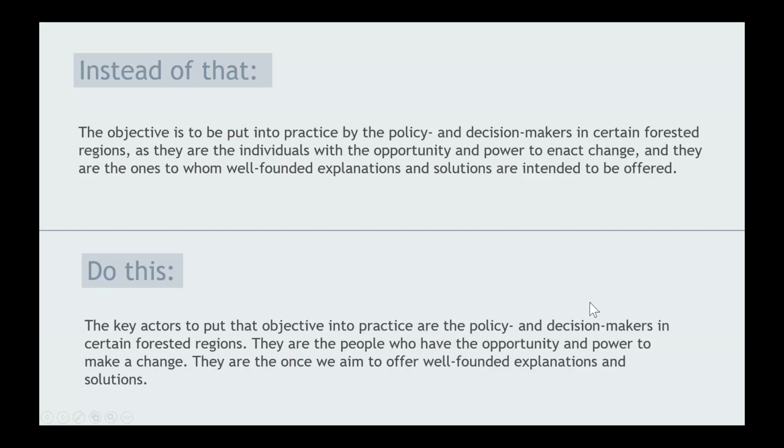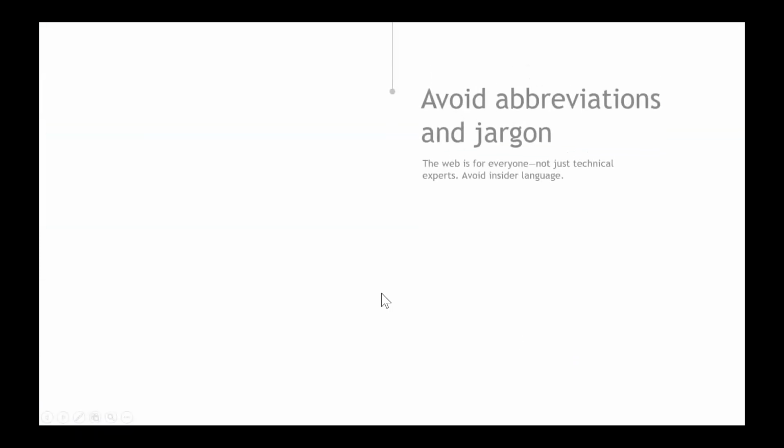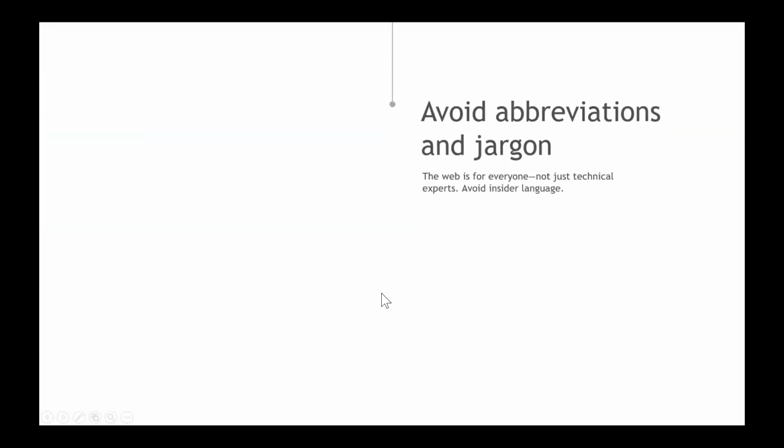Okay, next point is avoid abbreviations and jargon. The website is for everyone and not just for experts, meaning all of us are working in some kind of expert bubble.